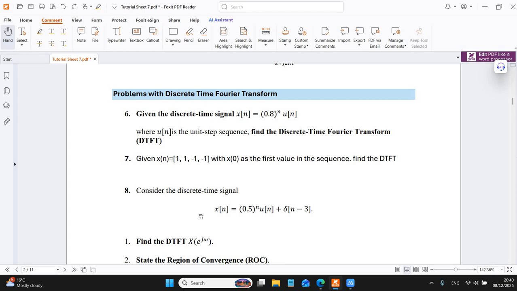How will we do it? We can easily find it.